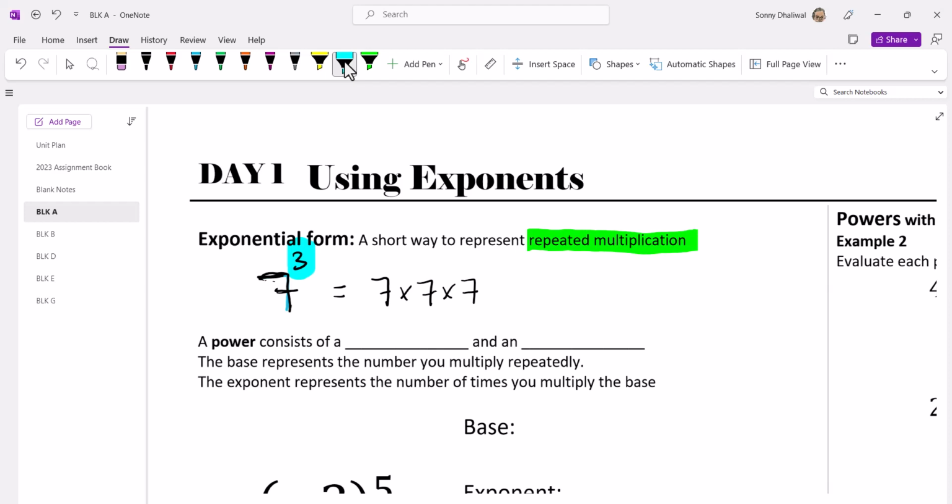So right now, on the west coast of Canada, or even the west coast of North America, they do not want to refer to this as a power of 3. They want to call that an exponent 3. They reserve the word power not for the number floating up in the air, but they say this whole thing is called a power.